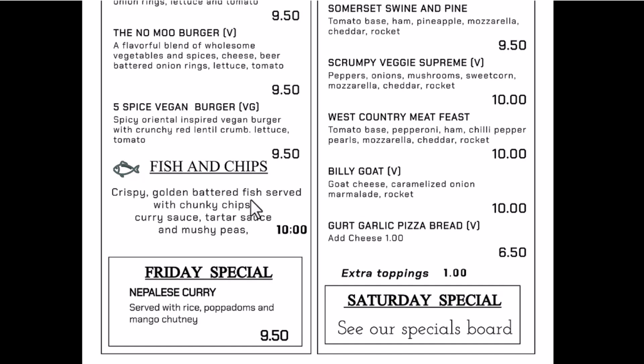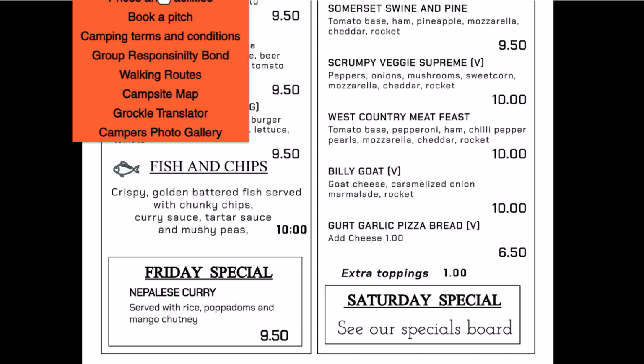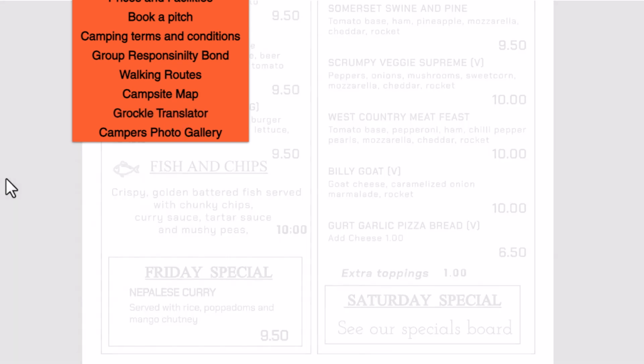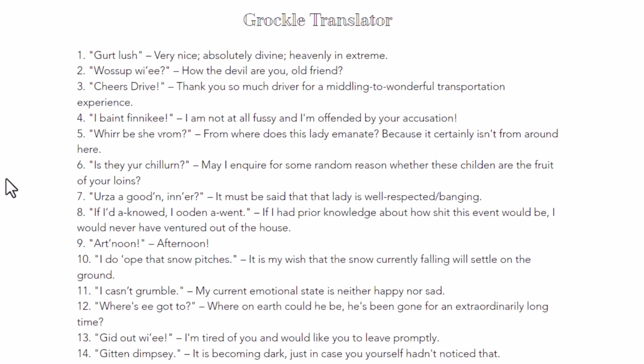So what made me laugh was about this campsite. Now, tourists in Somerset are called grockles. They've got a grockle translator so that as a tourist you can understand what the locals are talking about. And some of these are quite funny. Cheers, drive. Thank you so much, driver, for a middling to wonderful transportation experience.